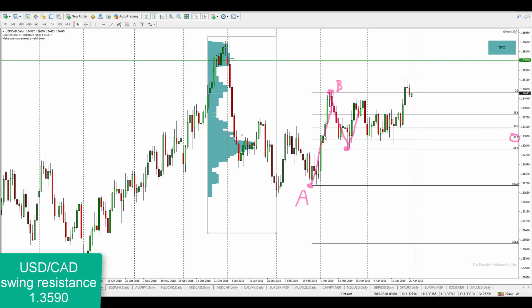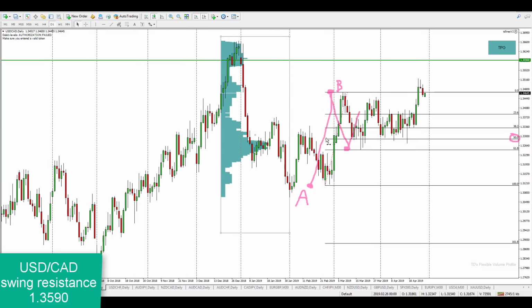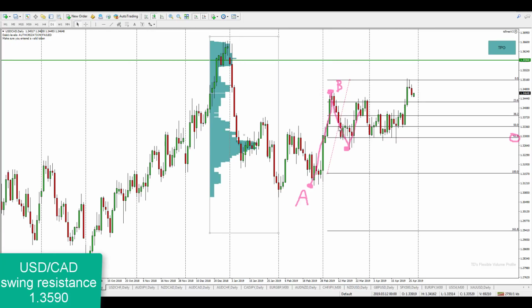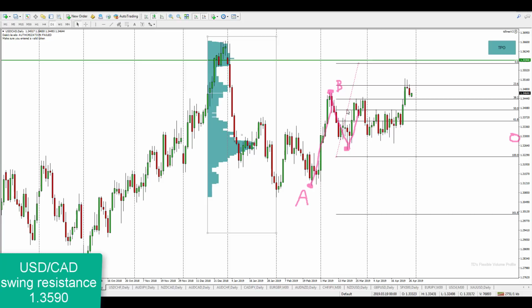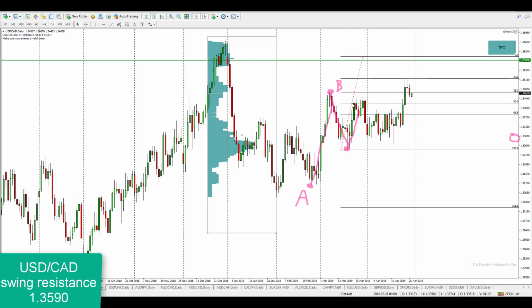So what you do is you move the Fibonacci tool and you have the same distance, but you make the starting point in here, in the pullback.